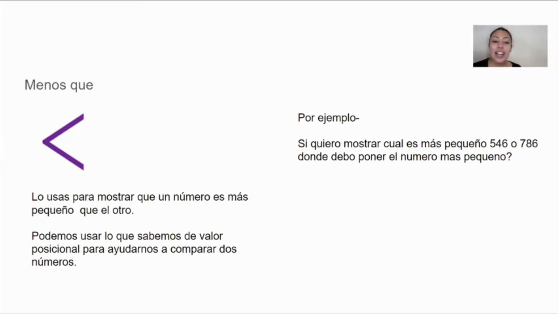El cocodrilo quiere comer el número más pequeño, entonces la boca está mirando a la derecha. Entonces el número que quiere comer, el más pequeño, tiene que estar a la derecha también. En este ejemplo sería 546. ¿Sí? Perfecto. Seguimos.